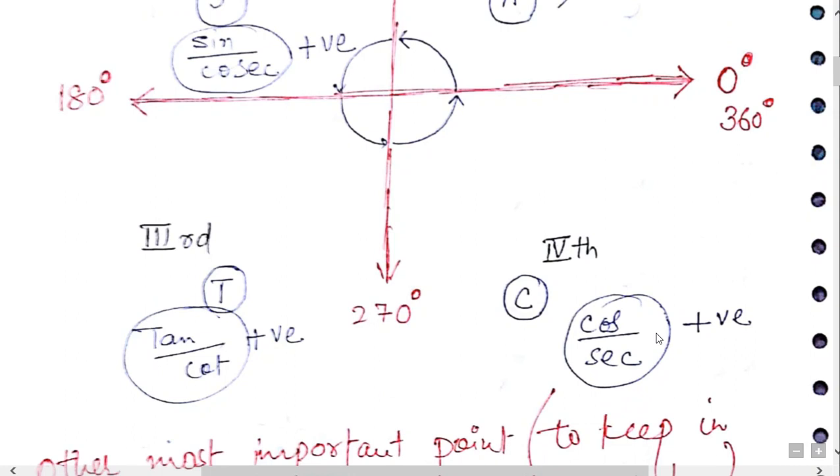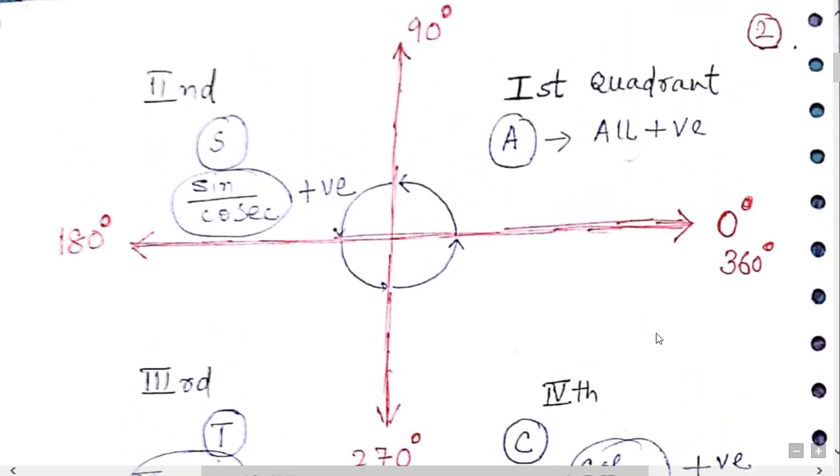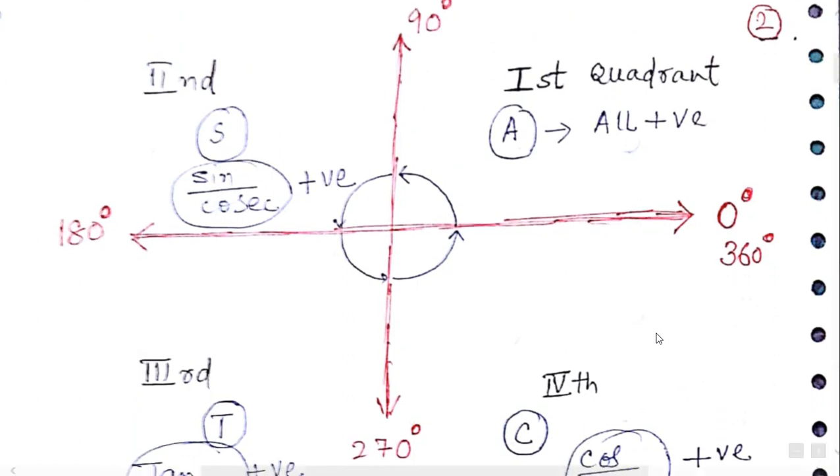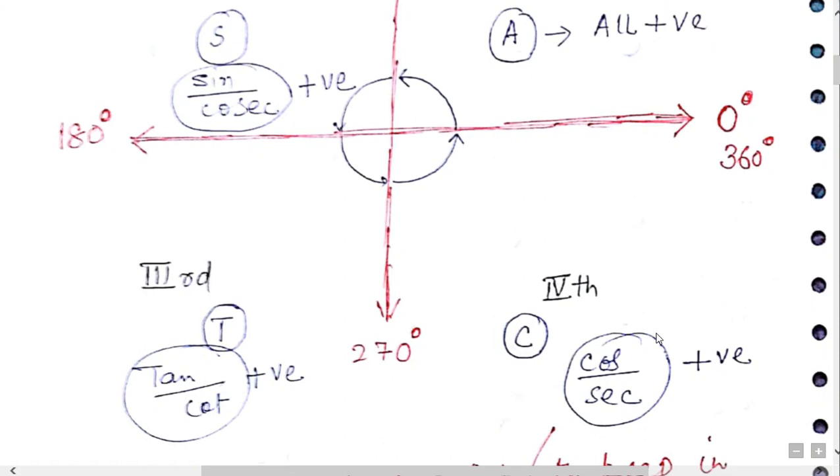Basically, why do I write these things? I repeat again. First of all, divide the frame into 4 parts, first, second, third and fourth quadrant, and write the angles. Then write ASTC. A stands for all positive, then sine and cosecant positive, then tan and cot positive, and cos and secant positive.